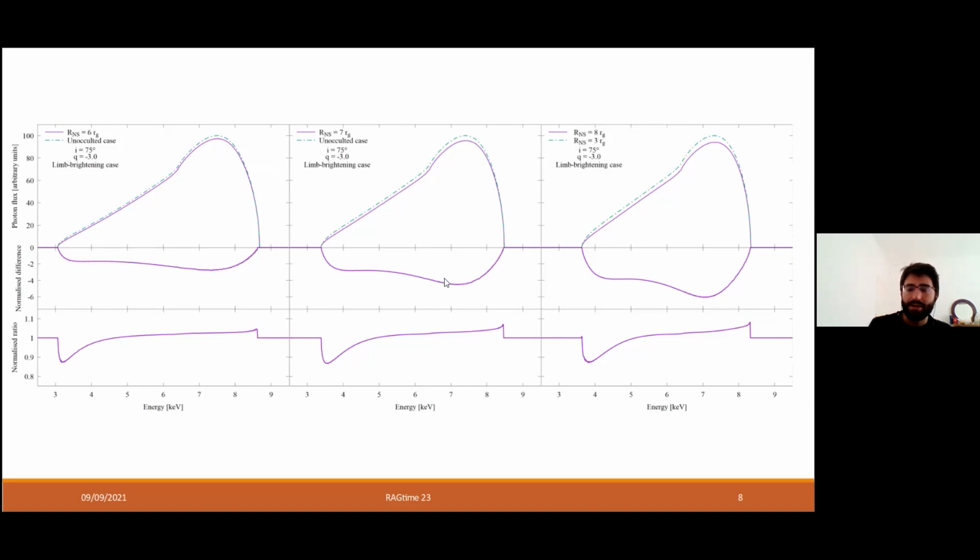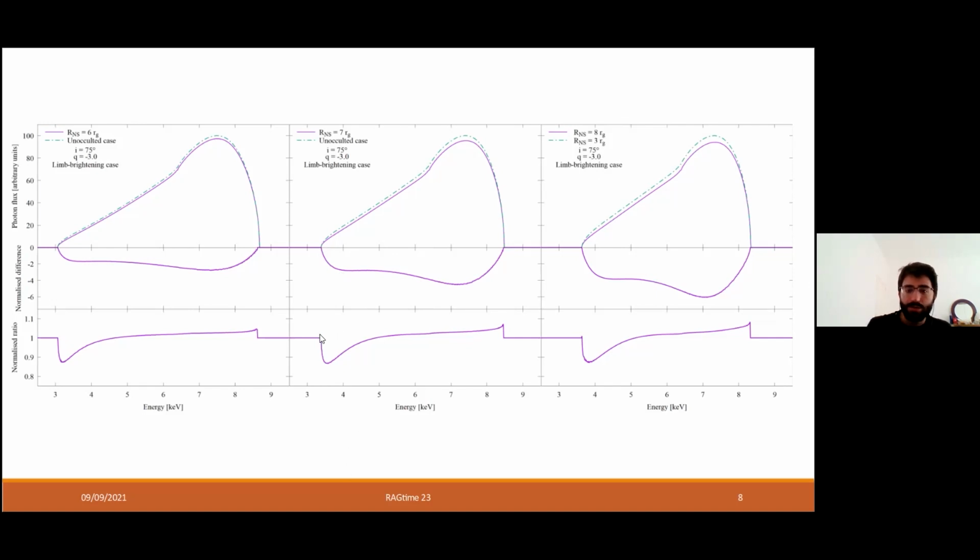But the important fact is not the difference per se, it's the ratio between the two profiles. Because if it were just a simple difference along the whole profile, you would simply renormalize it while doing the analysis, and you would never know it's there. You would just think, oh, okay, this line is a little bit less bright than maybe I could expect, but you wouldn't know, of course.